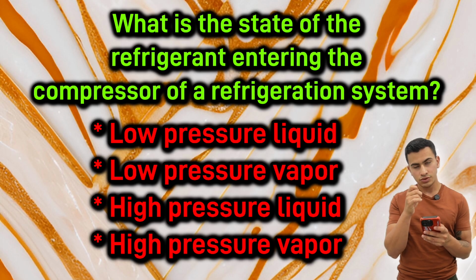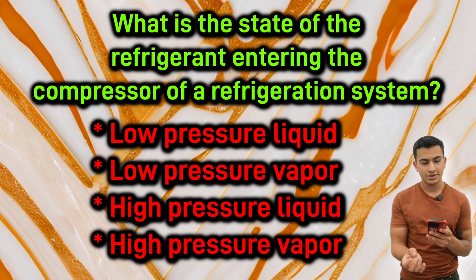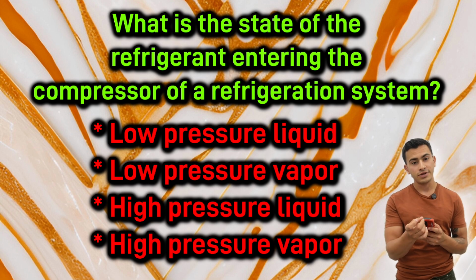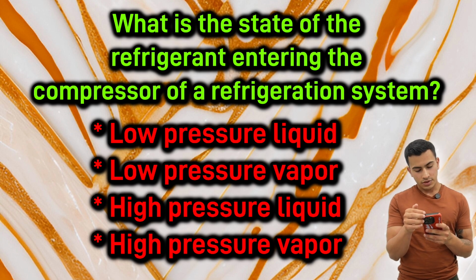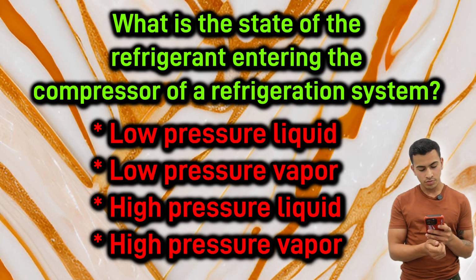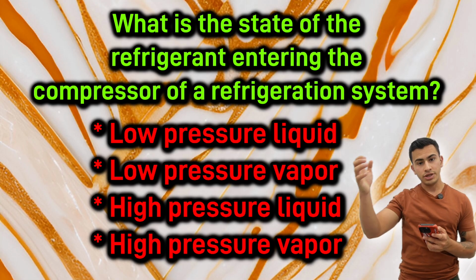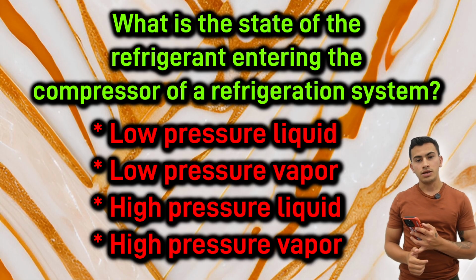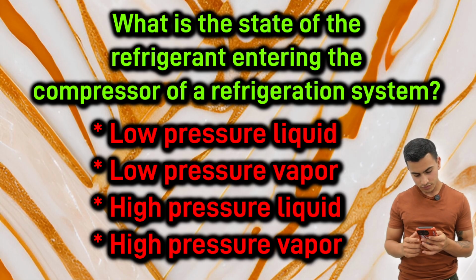High pressure liquid, no, it can't have liquid entering it. So the other ones are low pressure vapor or high pressure vapor. The answer for number 4 will be low pressure vapor. You always want to have a vapor entering the compressor, and it has to be low pressure.